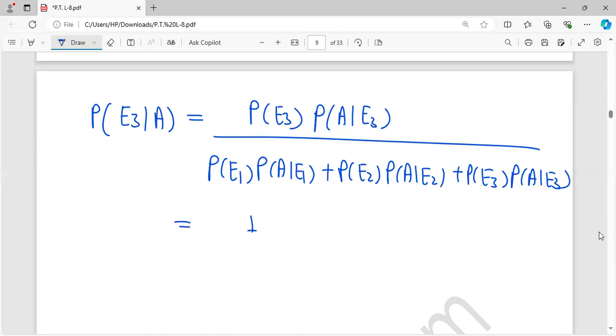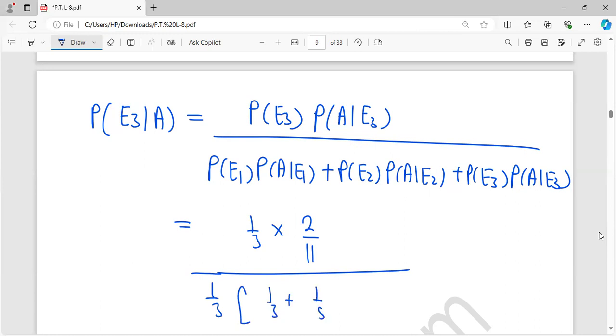So this is 1/3, and P(A relative to E3) was 2 upon 11. And this is 1/3. You can take 1/3 common. So this is 1/3, this is 1/5 and this is 2/11.